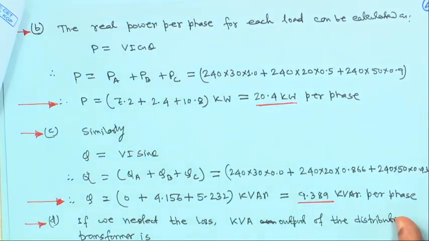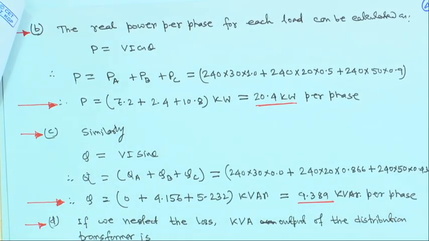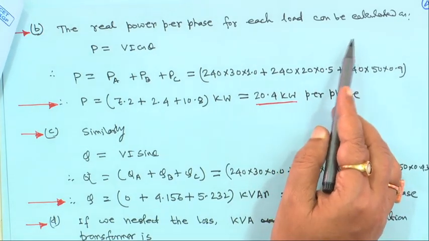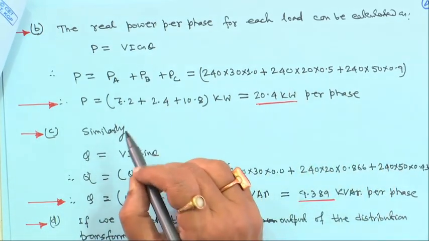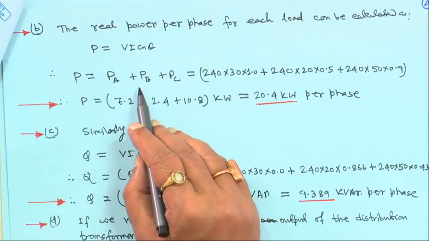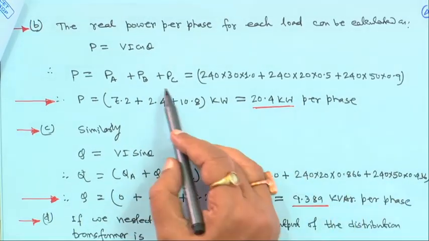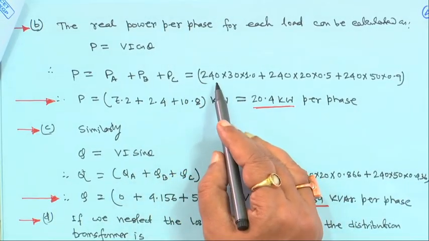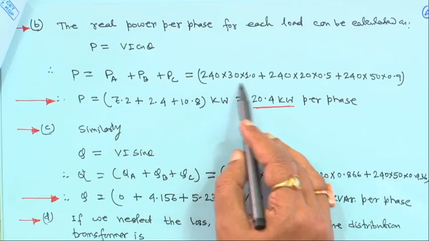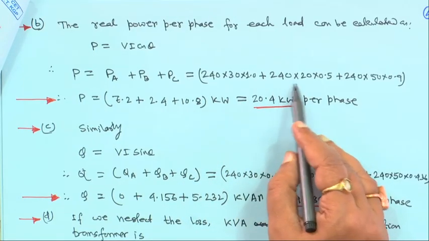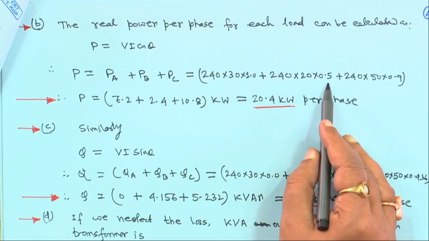Next you have to compute the real power. The real power per phase for each load can be calculated, P is equal to V I cos theta, right. So, it is per phase only we are computing, P A plus P B plus P C. For the first load, V I cos theta, it is 1. For the second load, I is 20 ampere, cos theta is 0.5.